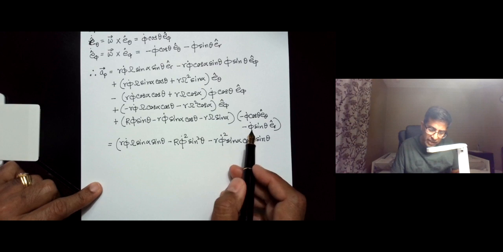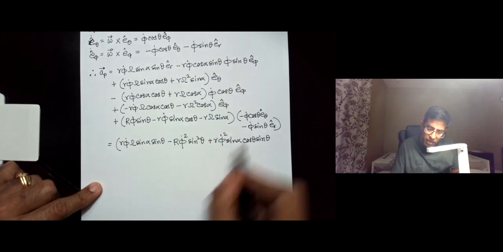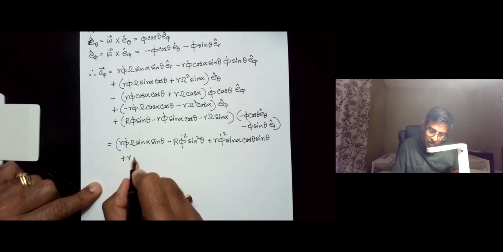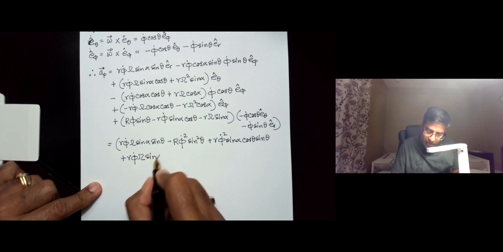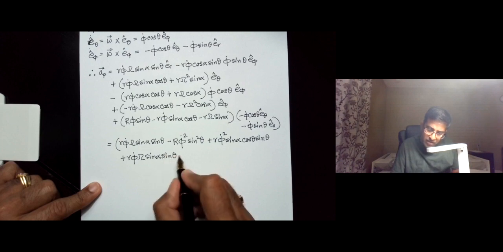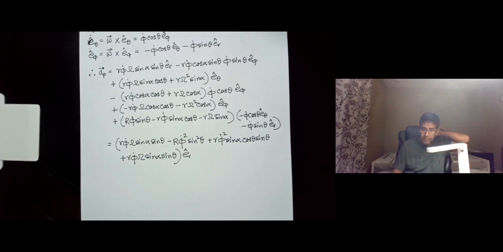And let's check the signs, because this is going to be minus, but this one is going to be a plus, and so is the next one, r phi dot capital omega sine alpha sine theta. This whole thing will get multiplied by er.